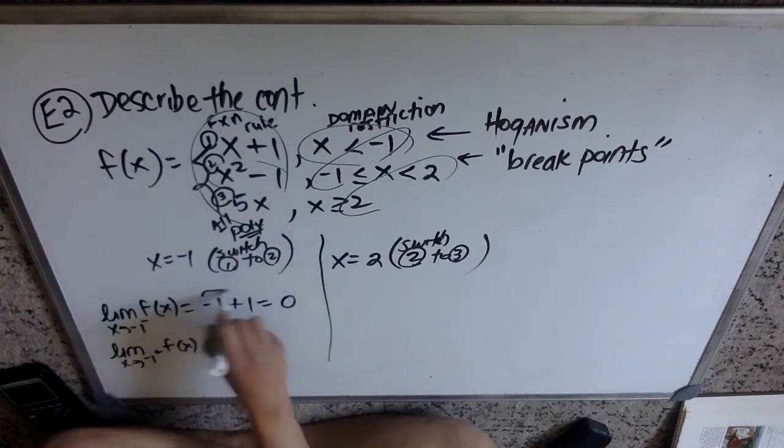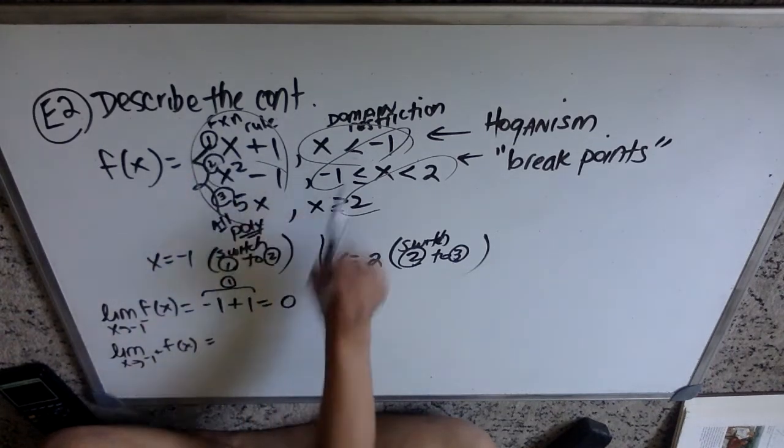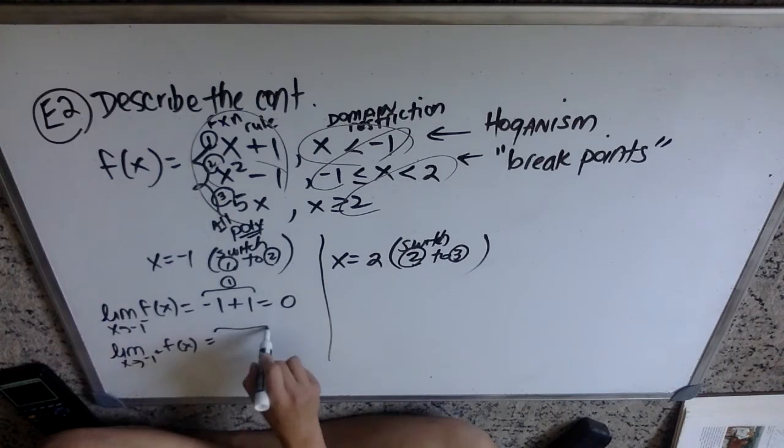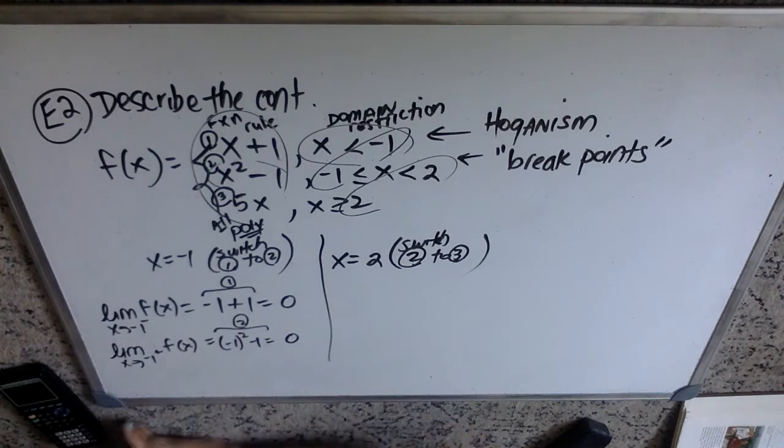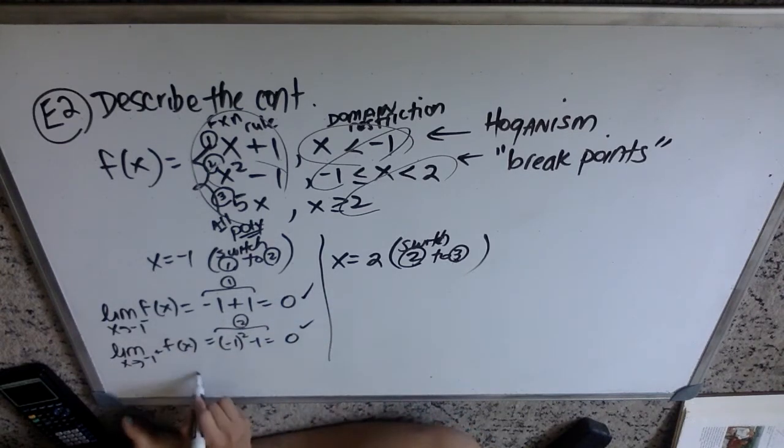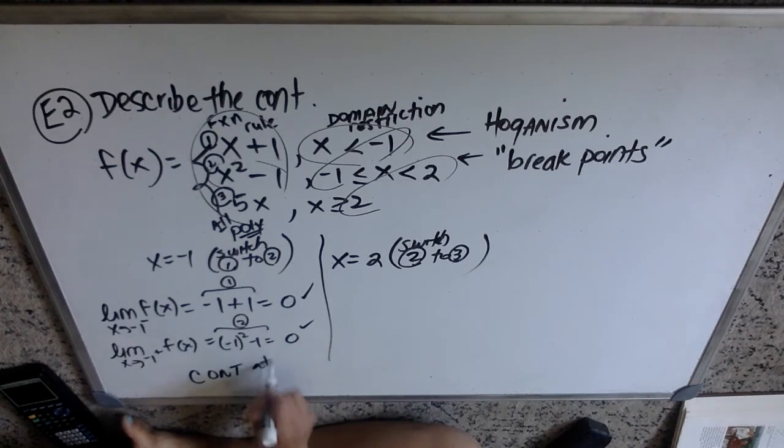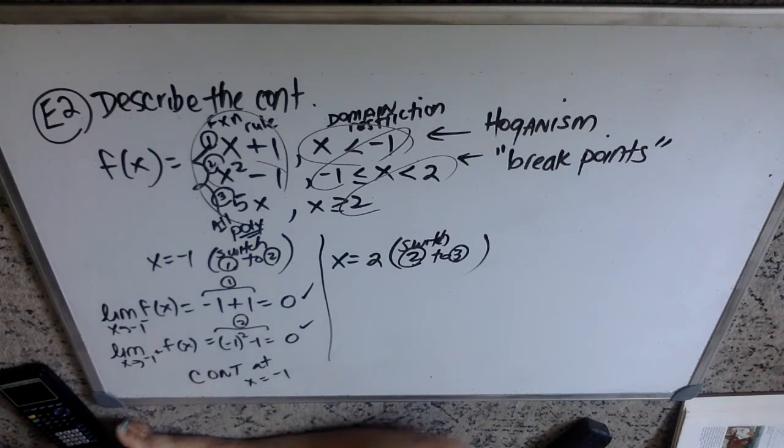So this was function number 1 because I used number 1 to the left of -1. This will be function number 2. Well, that'll be -1 squared minus 1, which is 1 minus 1 and is also a 0. So because they're both zeros, this thing is continuous at x equals -1. The two graphs run into each other.